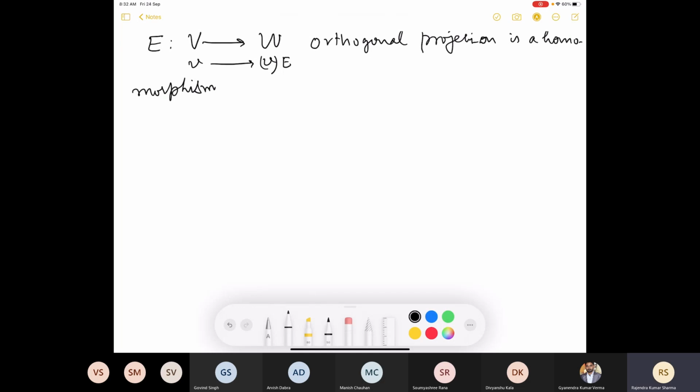And its kernel is the orthogonal complement.